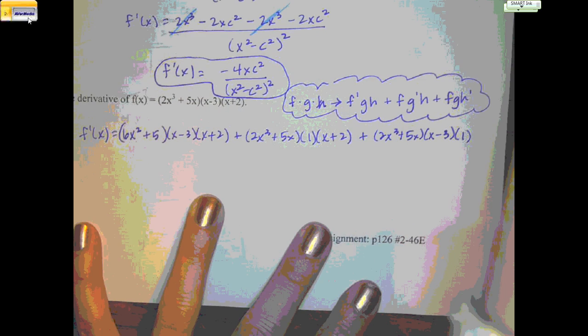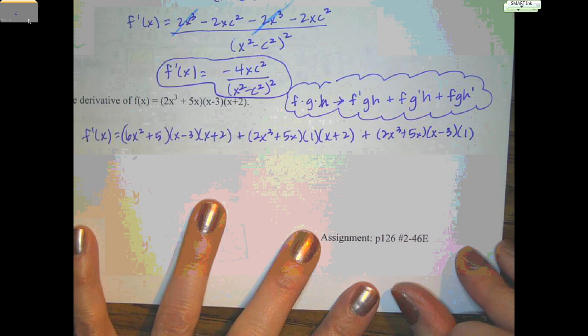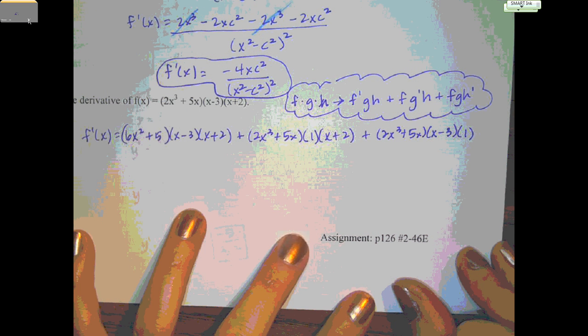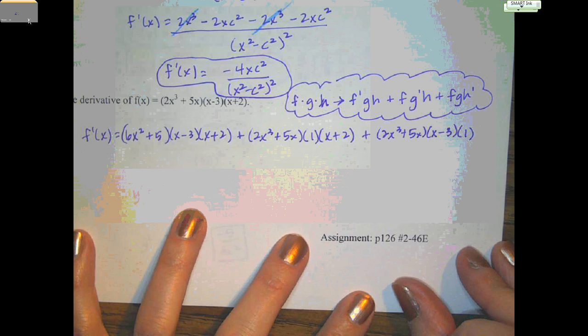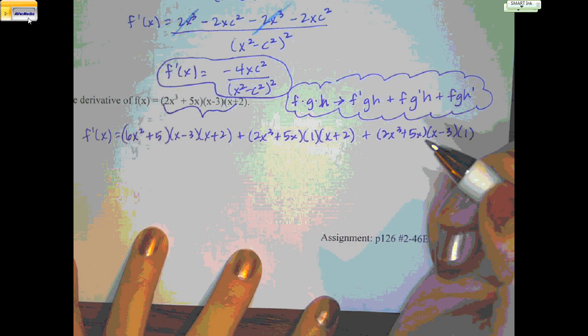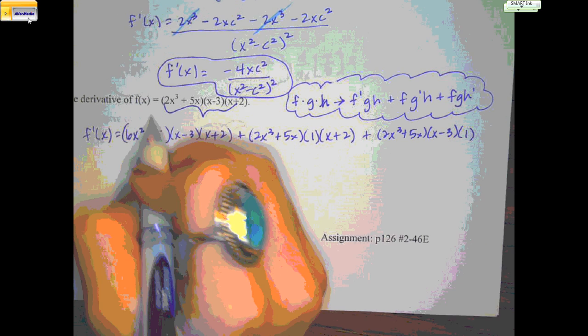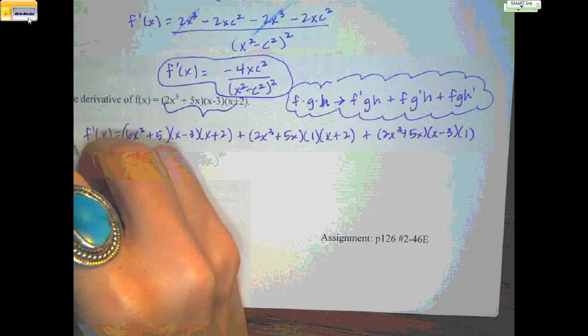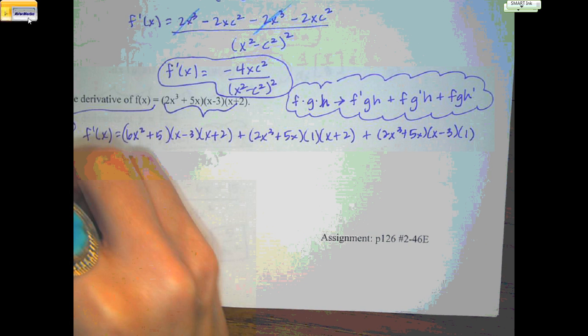Now here's the thing. You've written all that out. That is a whole lot of foiling and distributing and shoving together. Sometimes it is faster to just do all your multiplication up front, and then find your derivative. And that's the case with this one. My point is to show you, you've got choices.